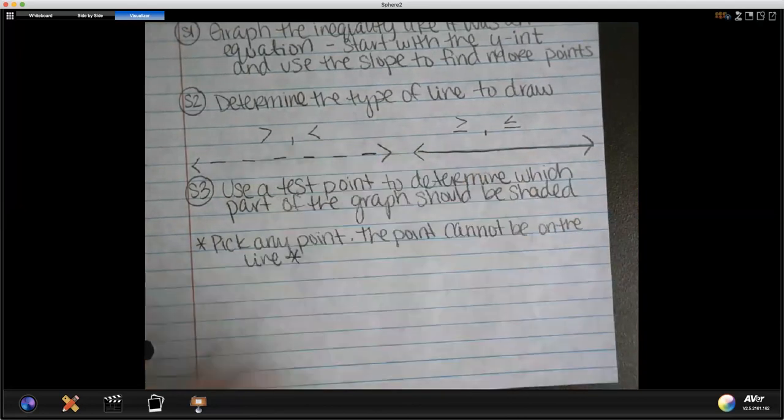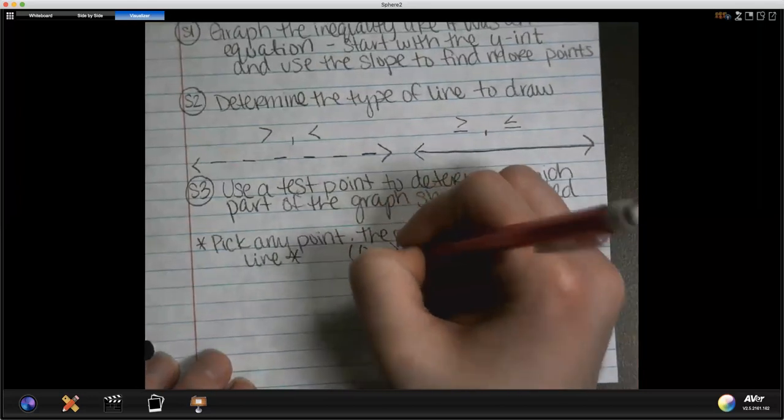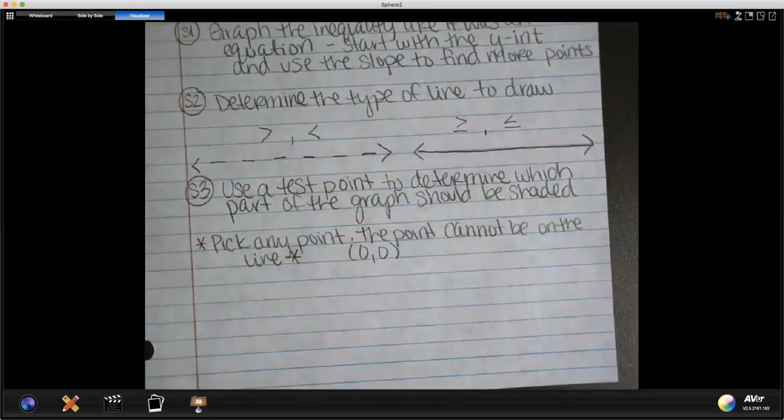Now, the most common test point is going to be the easiest numbers you could use for substitution. What are the easiest numbers you could use for substitution? 1, 1 is a pretty easy one. What would be something even easier than 1, 1? 0, 0. The easiest test point is 0, 0, because multiplying by 0 and adding 0 is really easy.